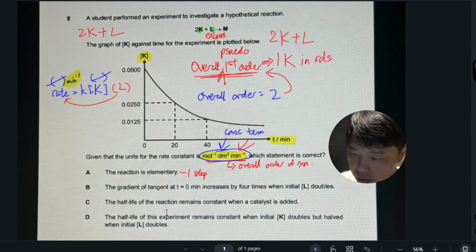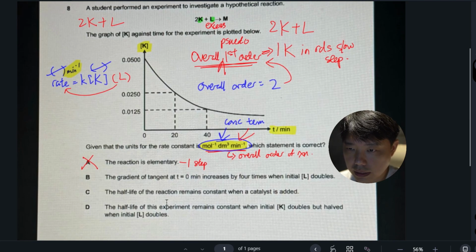Rate determining slow step. Okay, so this doesn't tally with your stoichiometric balanced chemical equation. So this is not elementary. Okay, this is definitely not elementary. So option A is out.